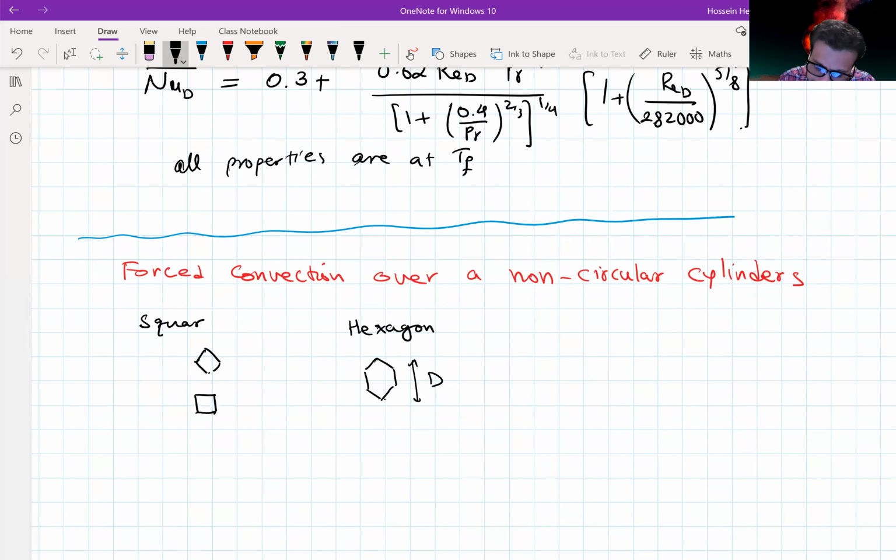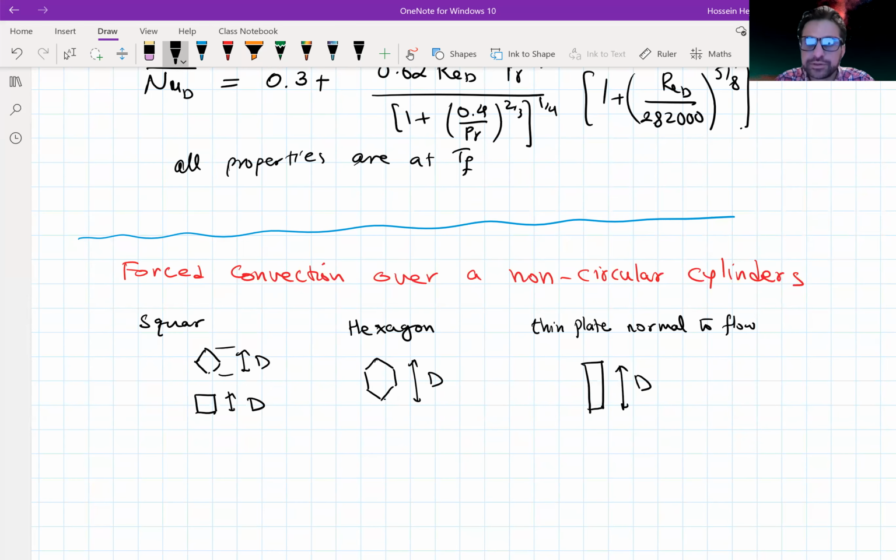Let's say this is D, so we take the largest side across the flow as D, or it could be a thin plate normal to flow. So let's say we have such a thin plate here with D.